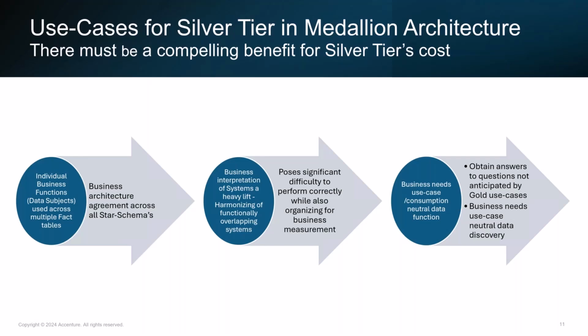And what I see is it often does not happen, and we get star schemas that are really still more system oriented than they are business human action oriented. And then finally, the business needs that consumption neutral data store for discovery and one-off business questions.